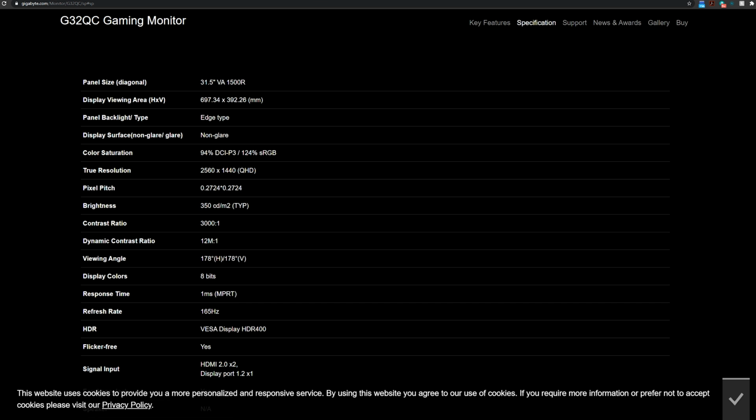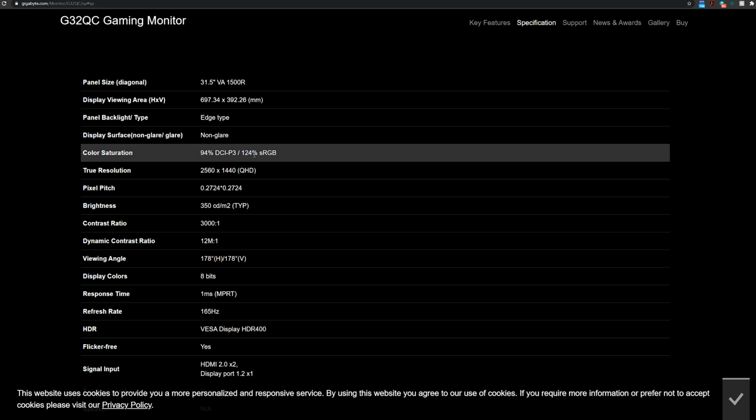The Gigabyte is 124%, so one less percent. And it is 94% of the DCI-P3 color scaling. The Samsung G5 doesn't go by that. It goes by the NTSC scale, and that is 90% of the NTSC scale for the G5.